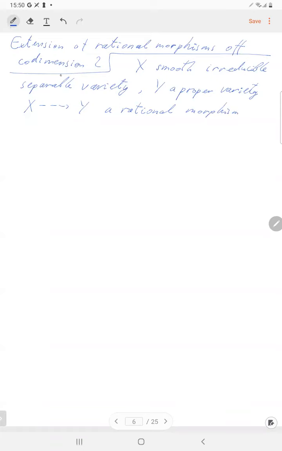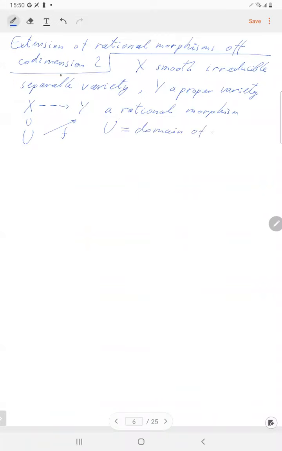If you remember from some old home assignment, it means that there is some open subset U inside X and a regular morphism, say F, from U to Y, but it does not necessarily extend to the whole of X. Okay, but let's take this open subset U to be the domain of this F, so some maximal open subset where F is regular.